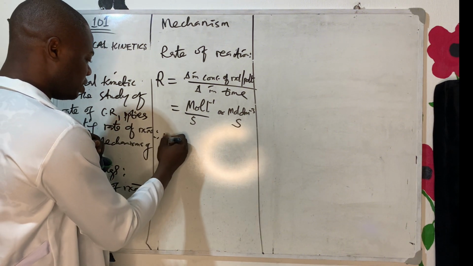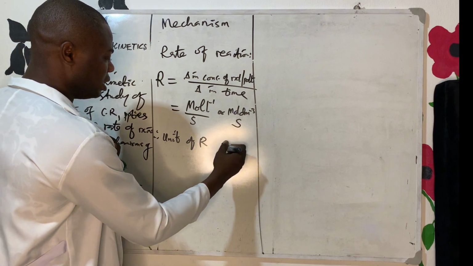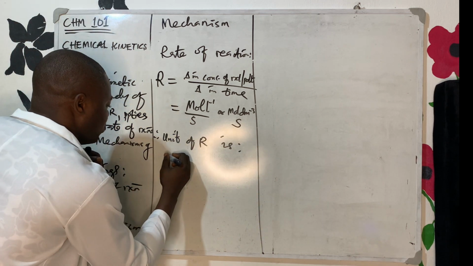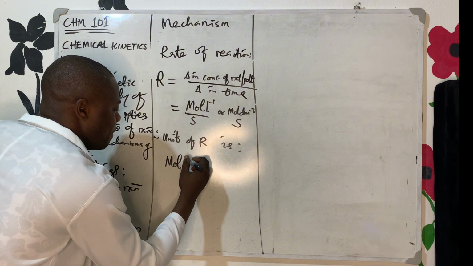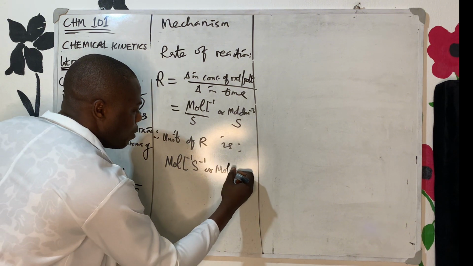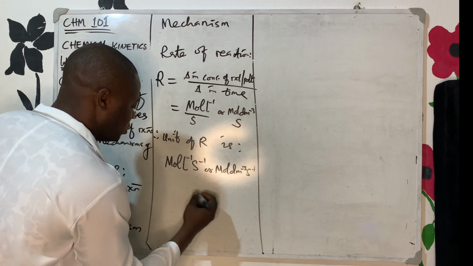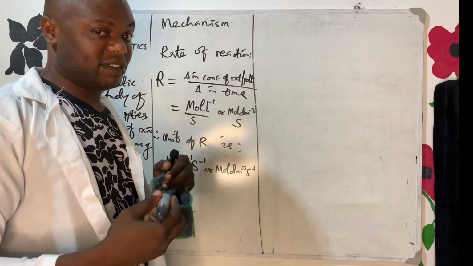Then all over time, which is in seconds. Therefore, the unit of R is either mole per liter per second or mole per dm cube per second. This is the unit of rate of reaction.